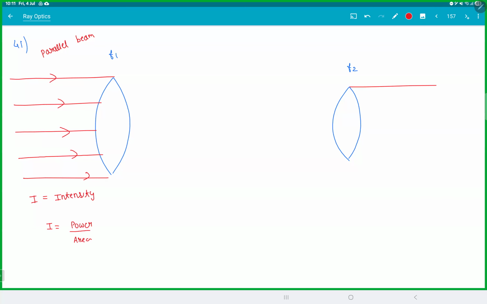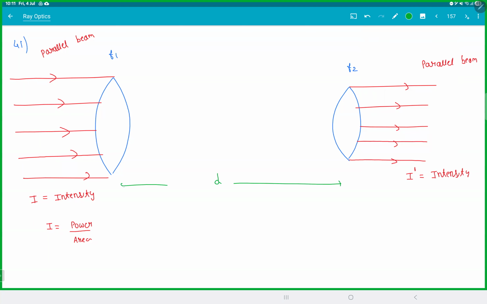Something happened and you also got a parallel beam outside. You sent a parallel beam, you got a parallel beam. And the intensity became I dash. And the distance between the lenses is d. So a parallel beam is incident.